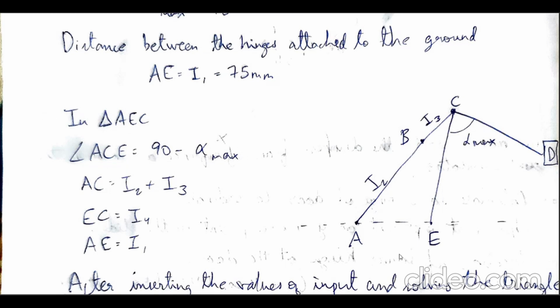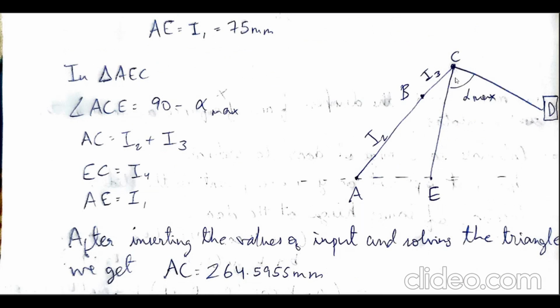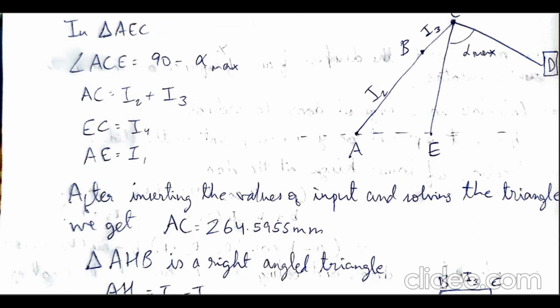AC is AB plus BC, which in turn equals L2 plus L3. Here EC is L4 and AE is L1. Now, to get the value of AC, we use some triangular properties on this triangle ACE using these values, and we get AC as 264.5955 millimeter.